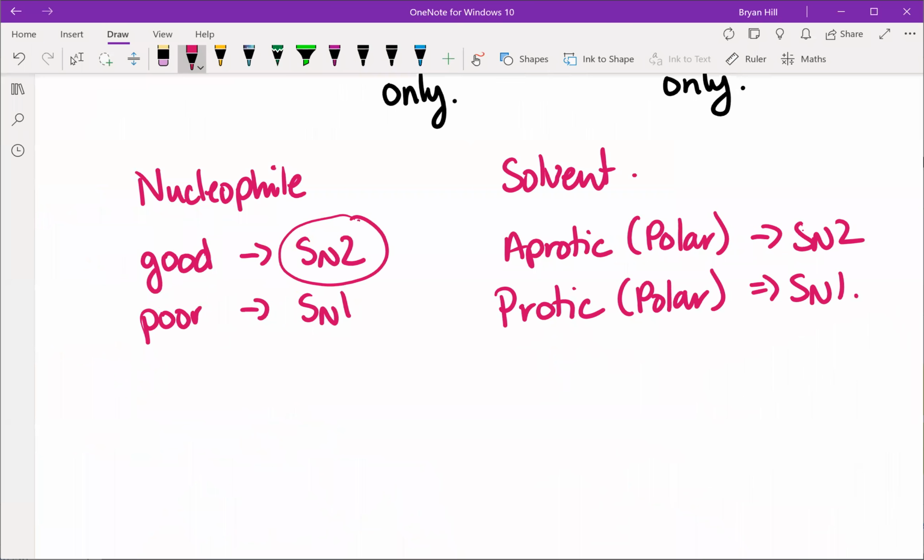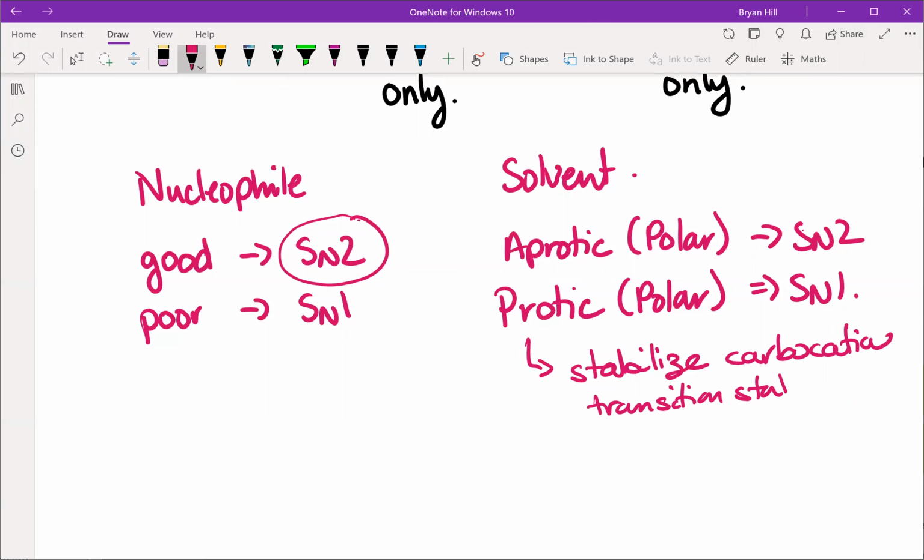Protic solvents do two things. They can stabilize the carbocation transition states, so that's going to favor SN1. And polar protic solvents also solvate nucleophiles.